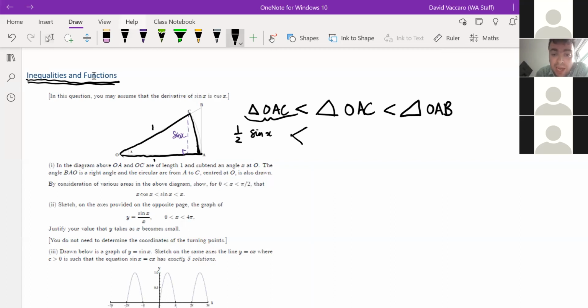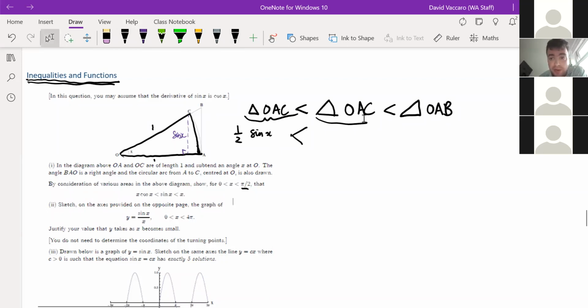Okay, what about the area of the circular sector OAC? Notice the pi over 2 means that we should use radians.